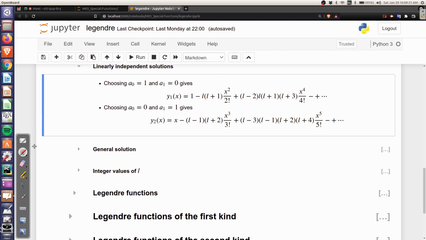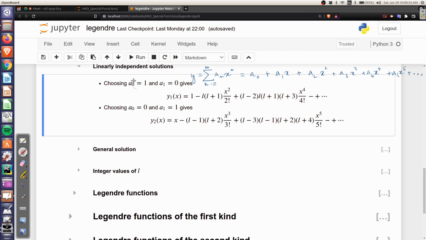We assumed the solution was the summation of a_n x to the power n, with n going from 0 all the way to infinity. When we expand this, we have a0 plus a1 x plus a2 x square plus a3 x cube plus a4 x to the power 4, a5 x to the power 5, and so on.